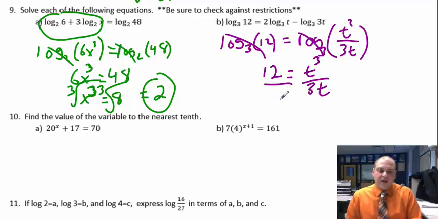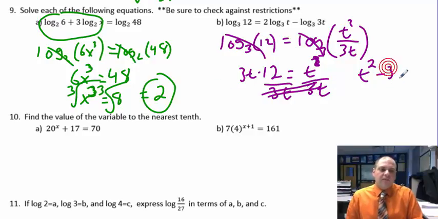I need a common denominator. That's going to be 3t. All right, so those cancel out. Oh, why is it t to the third? That's a square. That's a 2. T squared, sorry. So it's t squared, and that's 36t.